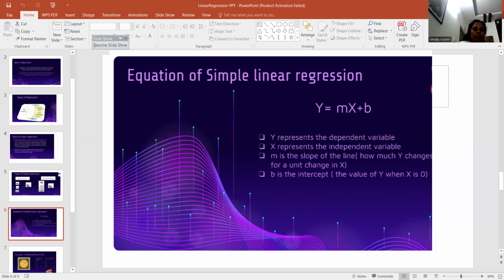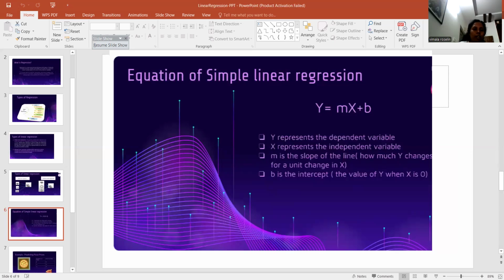For simple linear regression, the mathematical equation to calculate the dependent variable is y = mx + b. Here y is the dependent variable, x is the independent variable, and m is the slope.